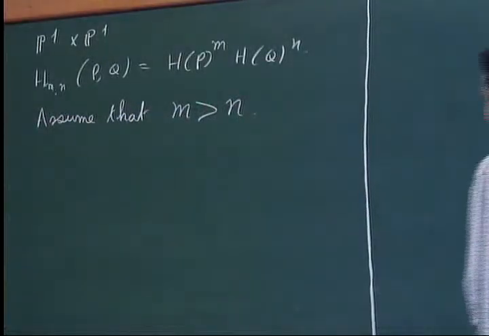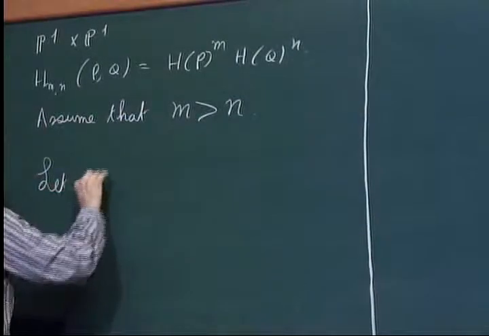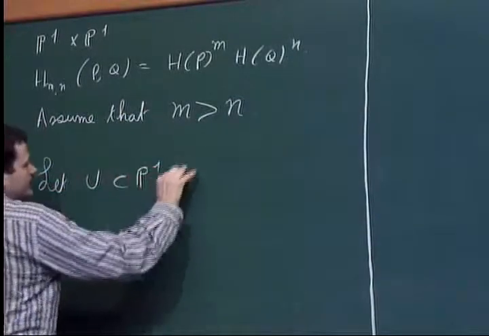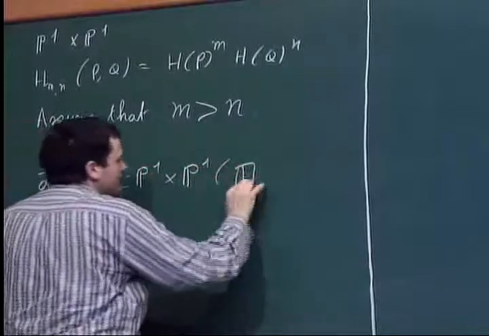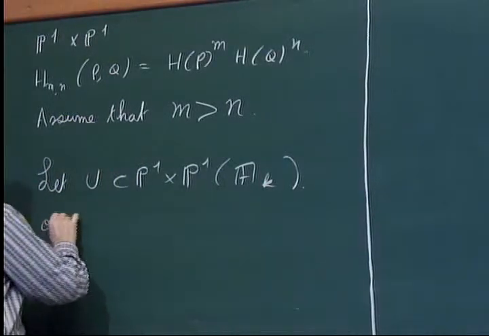Okay, so to describe the distribution, let U in P1 times P1 of a k, so in the adelic points of the product, be an open subset of the following form.